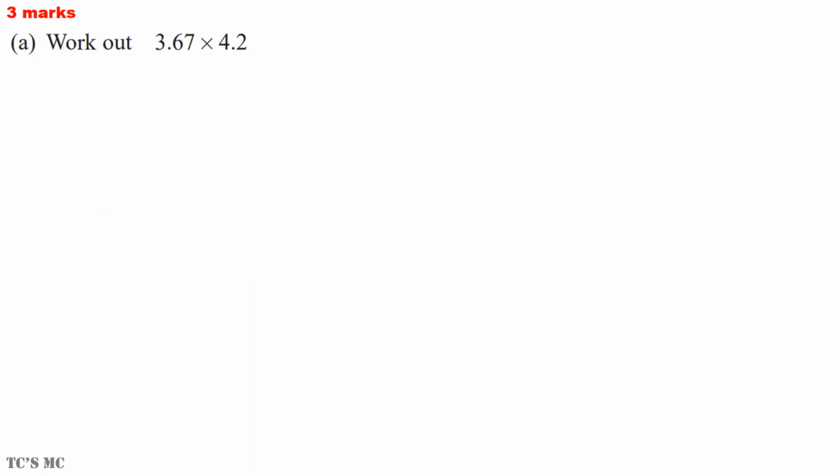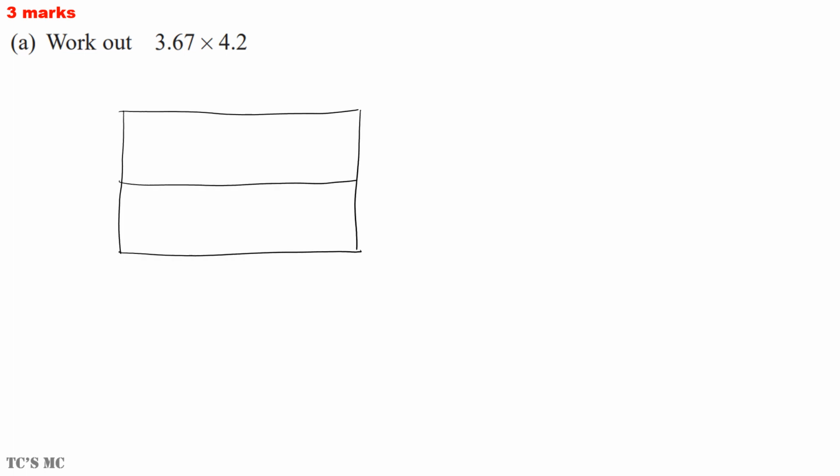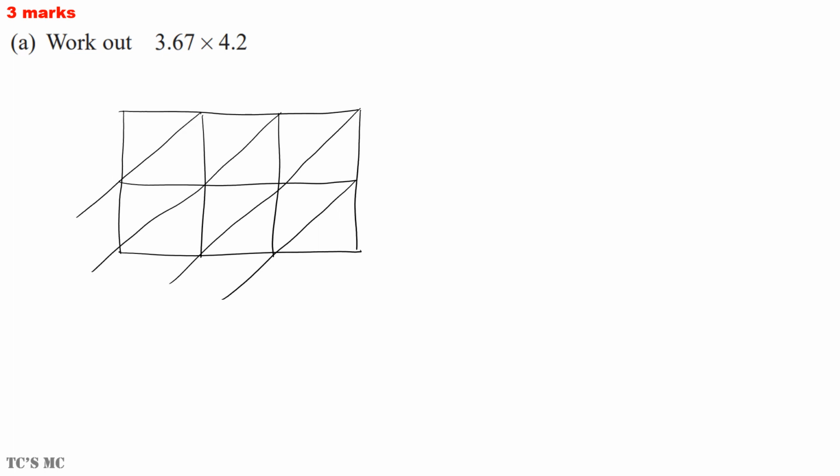Work out the following. For this question, I am going to draw a 3 by 2 grid and use the Chinese method. It's a 3 by 2 because it's a 3-digit number multiplied by a 2-digit number. Remember to cut each box diagonally. We are doing 3.67 multiplied by 4.2.